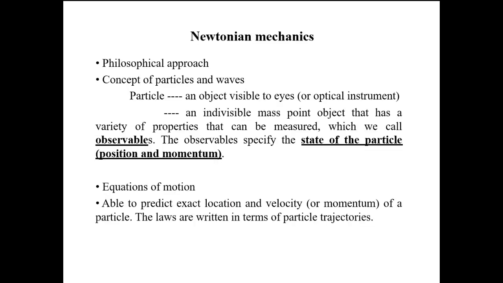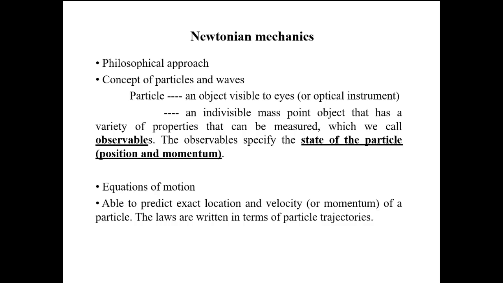So, the basis of Newtonian mechanics was philosophical. In this, there were two types of entities, the particle and the wave. Both these entities are entirely different, where the particle is an object visible to eyes and a wave is a disturbance in the particles of the medium.